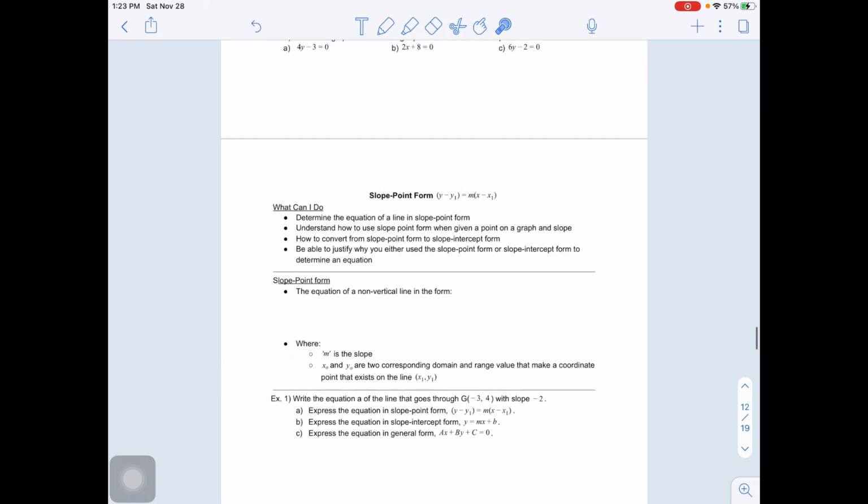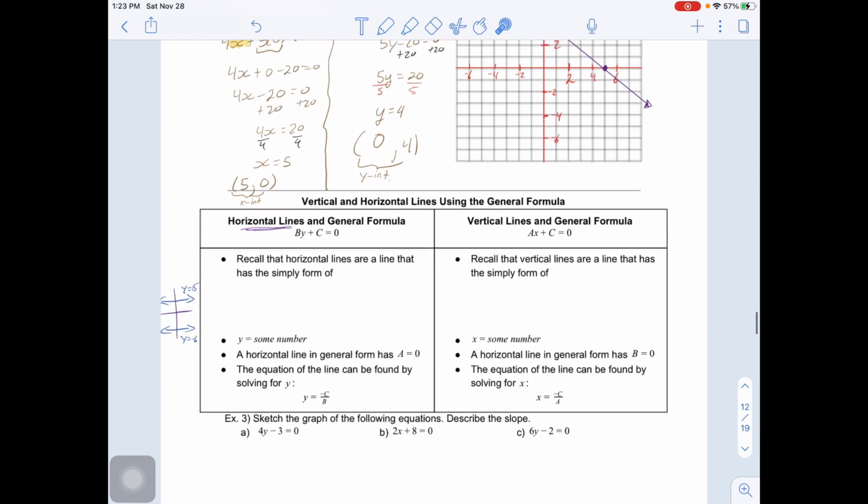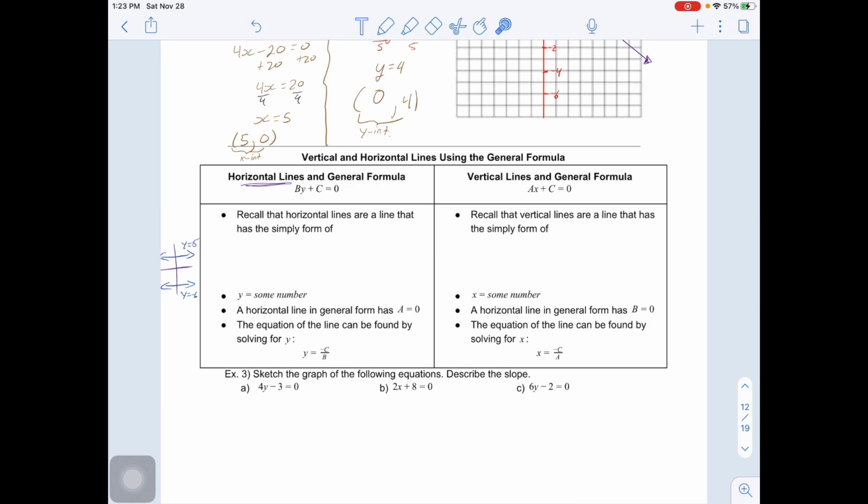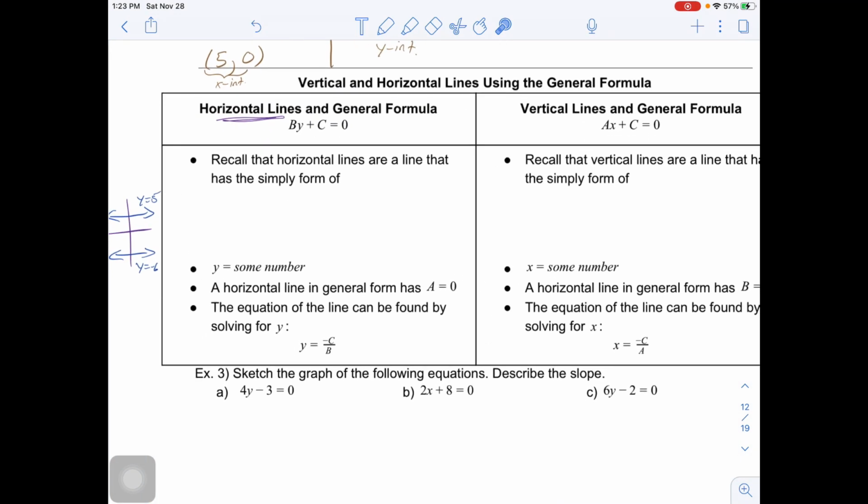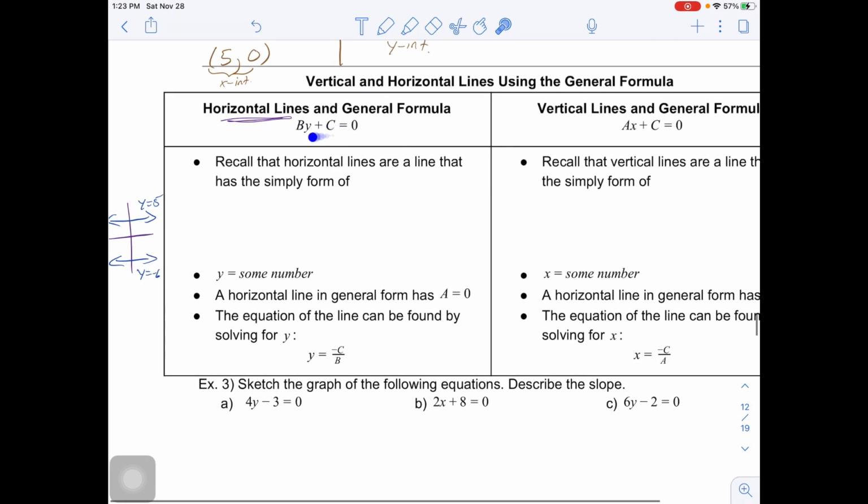Now we need to talk about, what do horizontal lines look like in general form? In general form, a horizontal line has this expression: by plus c equals 0. Notice that there's no a because a equals 0 when you're dealing with a horizontal line. Recall that horizontal lines have the form y equals some number.